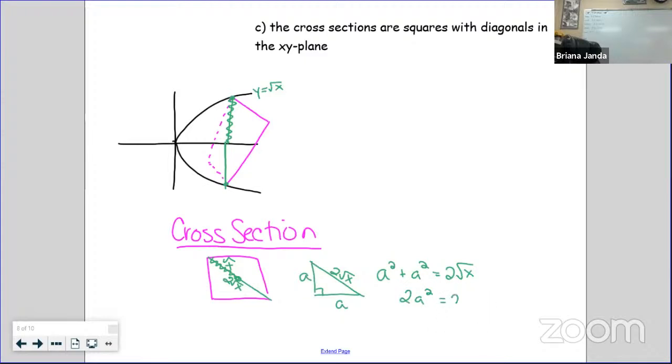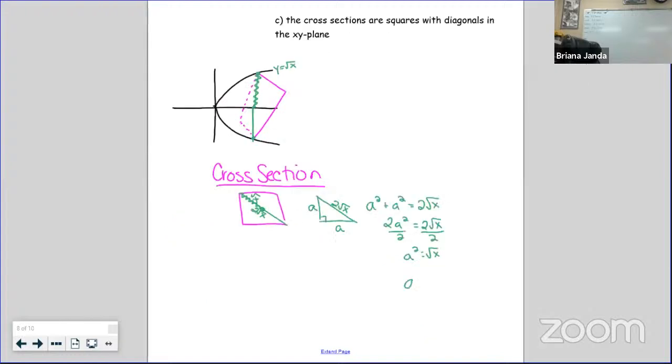So using my algebra here, I get that a squared equals the square root of x, or a equals the square root of x.